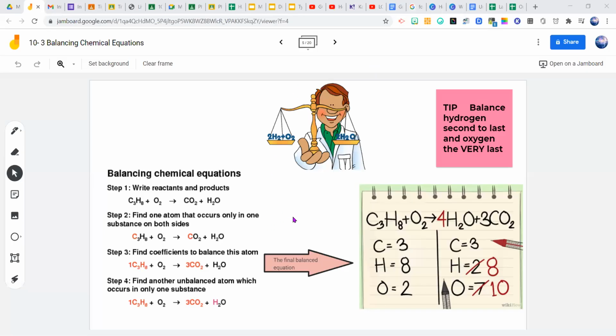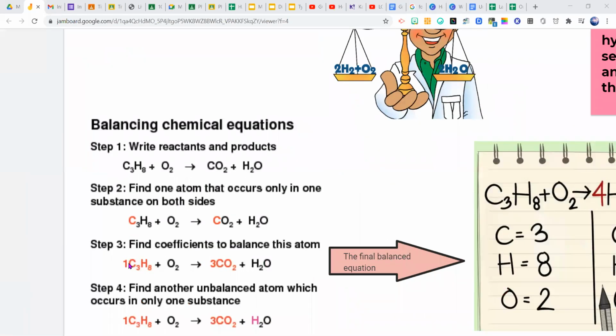Then you are going to start balancing them by putting what is known as a coefficient in front. Those coefficients are those numbers that you're seeing in front of a reactant and or the products.